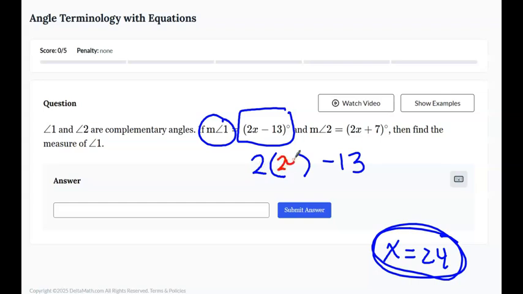So I have two 24s and then minus 13. So you can use a calculator here to compute that you're going to do 2 times 24, which is 48, and 48 minus 13, which is 35. So the actual answer to this question is 35.